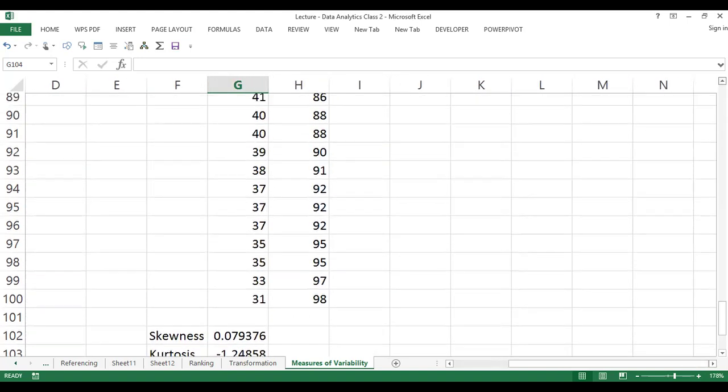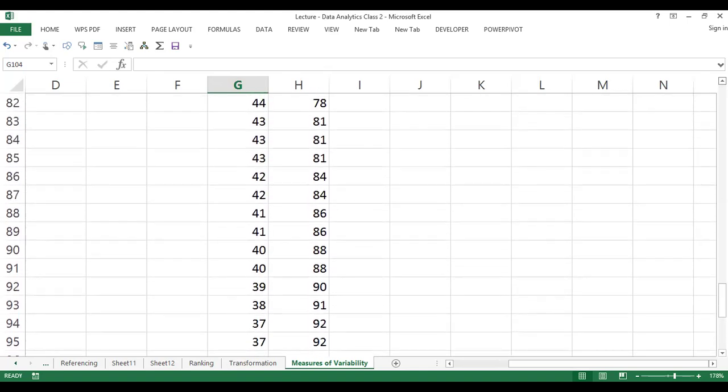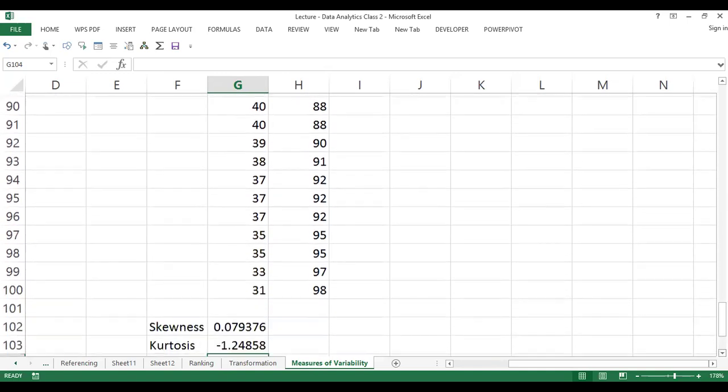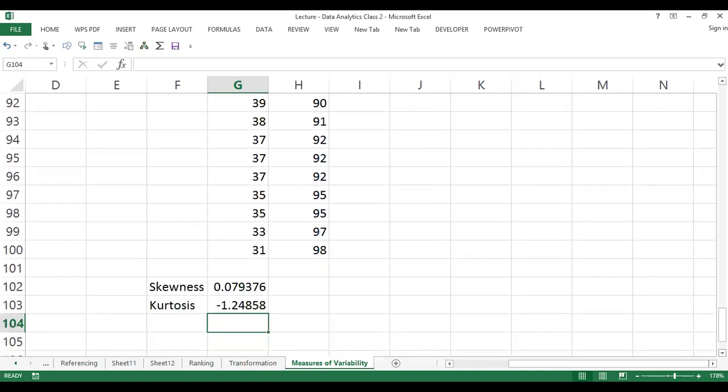Let's try to bring high kurtosis. Why do you think it's high? You didn't see this figure before. It's a minus sign. Okay, so is it high or low?